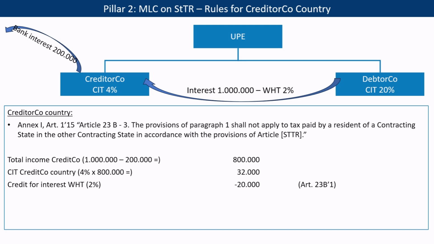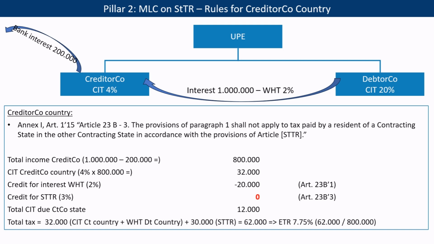4% of that is 32,000. Now there's already 2% withholding tax paid to debtor-co country, interest withholding tax under Article 11.2 of the treaty. So let's assume that creditor-co country is a credit system. So it gives a credit for that 20,000, and then it gives 0 for the 30,000 that is paid in STTR, and the total tax due in creditor-co country is then 12,000, right?